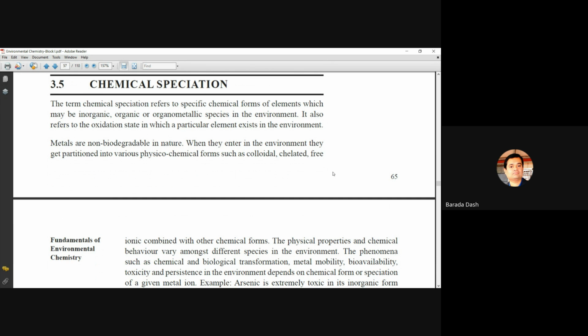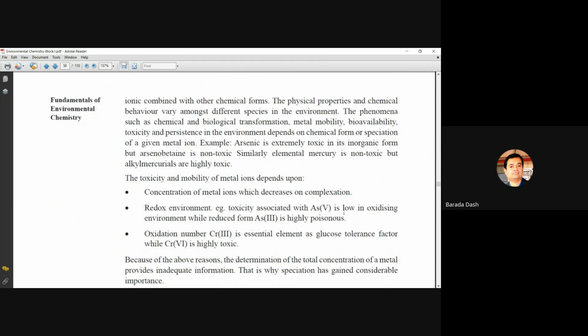When they enter the environment, they get partitioned into various physicochemical forms such as colloidal, chelated, and free ionic, combined with other chemical forms. So in chemical speciation, physical properties and chemical behavior vary amongst the different species in the environment. Basically, it varies from species to species.